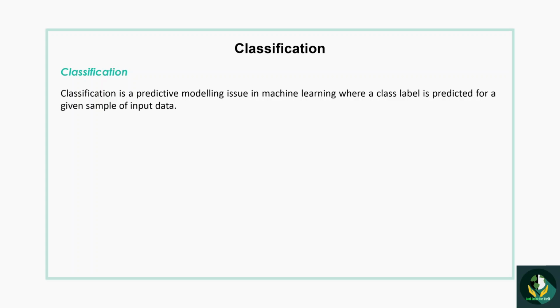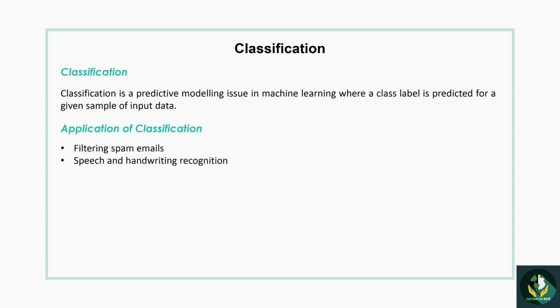So, what is classification? Classification in machine learning and statistics is a supervised learning approach in which the computer program learns from the data given to it and makes new predictions or classifications. Here are some applications like filtering emails, speech and handwriting recognition, biometric and fingerprint recognition, etc. For example, in the fingerprint recognition system, the system will recognize the fingerprint of the specific person as it is trained by different fingerprints of different persons.